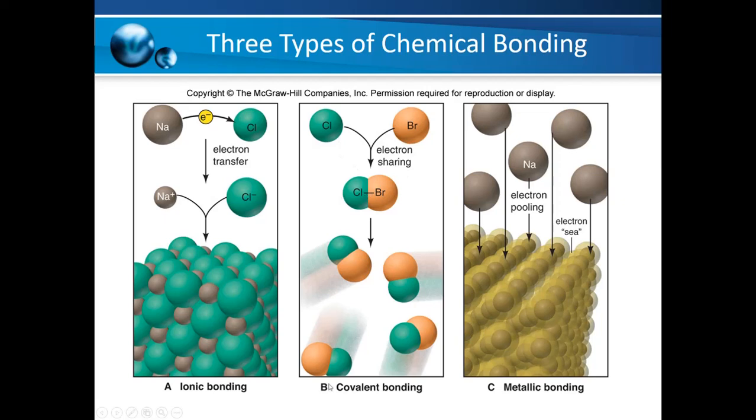So normally it will exhibit covalent bonding. And for metallic bonding, here is sodium and here is the electron pool, or electron sea. It means that the electron bonding exists between metal and metal, between a sodium atom and a sodium atom, to form metallic bonding.